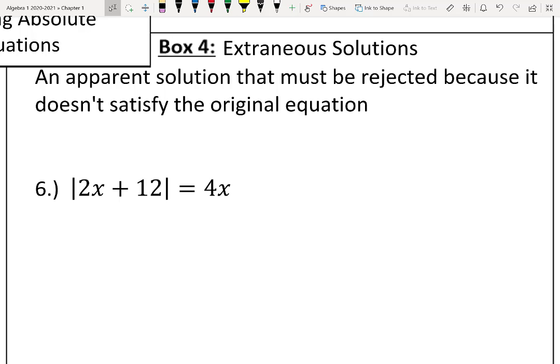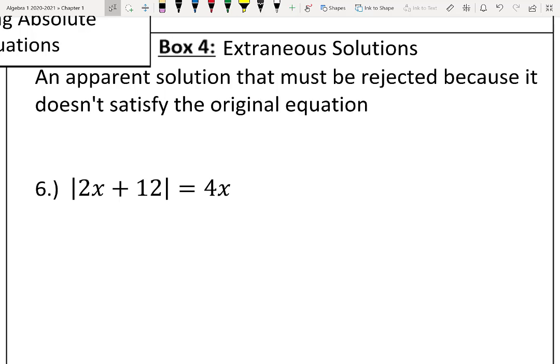And just like it sounds, extraneous, the first 5 letters are extra, and that is literally what an extraneous solution is. It's a solution that we get in the solving process that is an extra solution. It's not a real solution to our inequality, or sorry, our absolute value, because of where that variable lies.